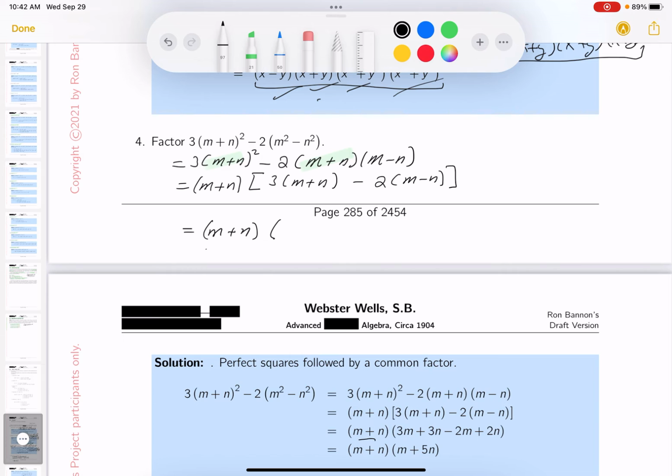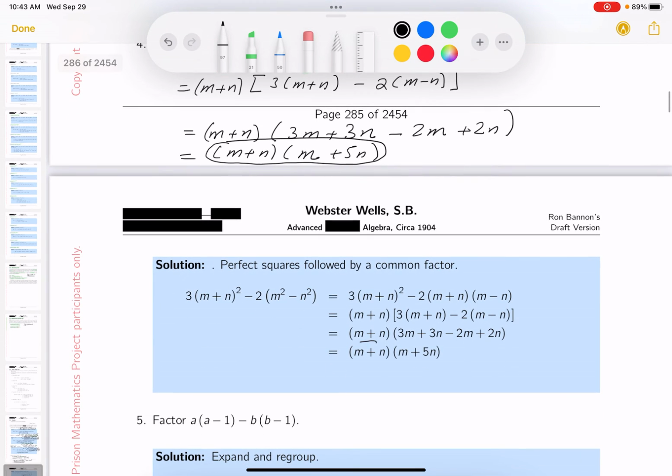And I'm going to do what's inside now. That's 3m plus 3n minus 2m plus 2n. Let me keep going. M plus n. 3m minus 2m is 1m. And 3n plus 2n is 5n. I'm going to say that's my answer.